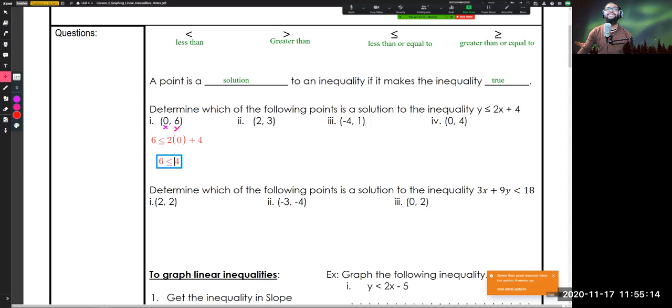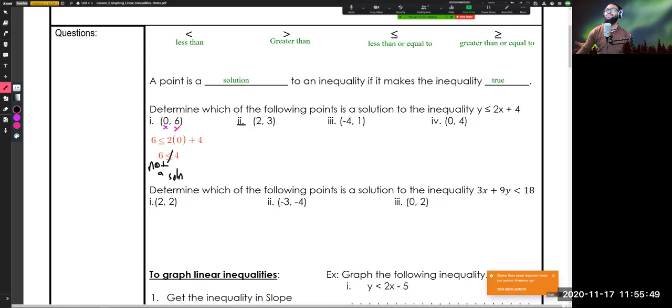That absolutely is not a true statement. 6 is not less than 4. So this is not a solution, okay? Not a solution.